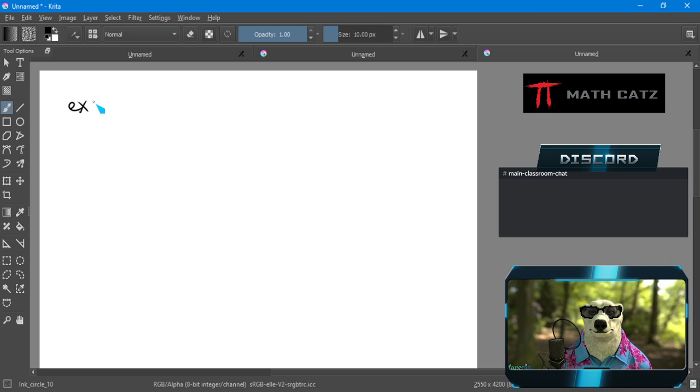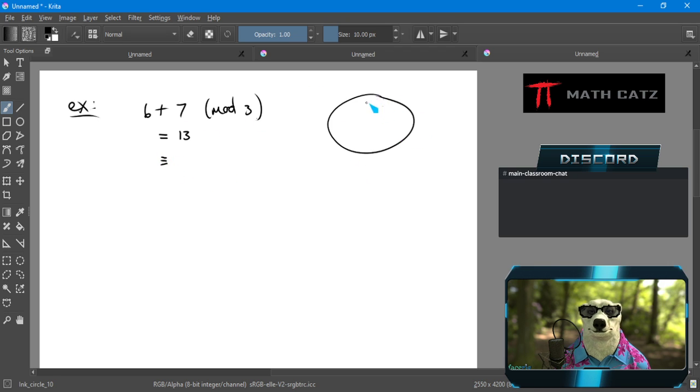Okay, so we want to have some basic arithmetic. If I say 6 plus 7 mod 3, then I could still do this as 13, and that is equivalent to 13 steps on a circle, but the circle only has 3 places to stand.